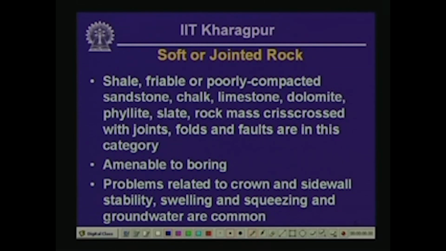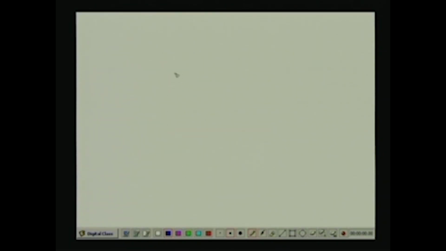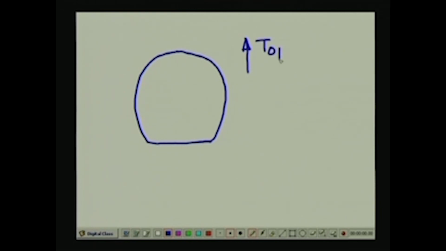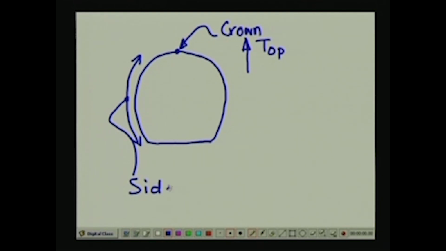Let me illustrate those two terms with a sketch. So let us say you have got a tunnel like this, cross section. I am drawing the cross section of the tunnel. So this is towards the top. So this point is called the crown of the tunnel, and this is the side wall that I alluded to in the previous slide.